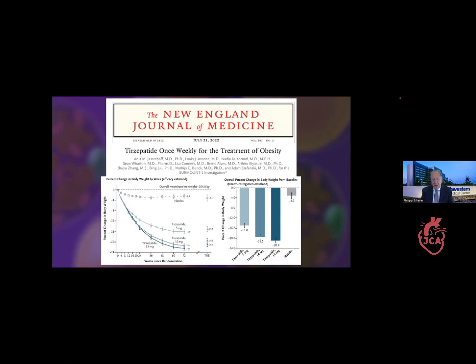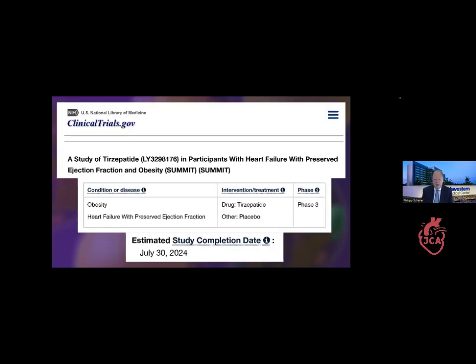In fact, the dual agonists for the moment are still only approved for diabetes, but of course everybody is jumping on them as a weight loss intervention. So this is something which is going to fundamentally change clinical practice, including in the cardiovascular field.